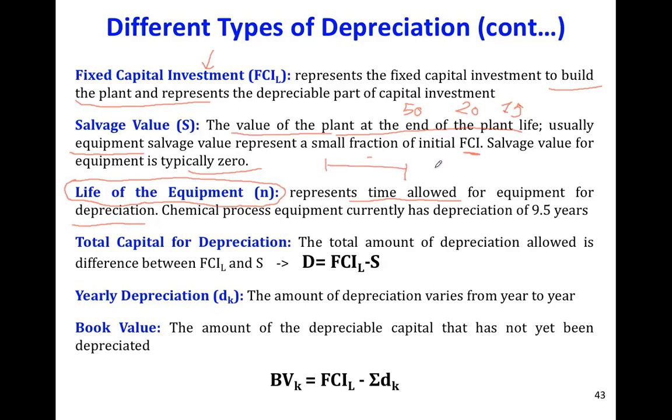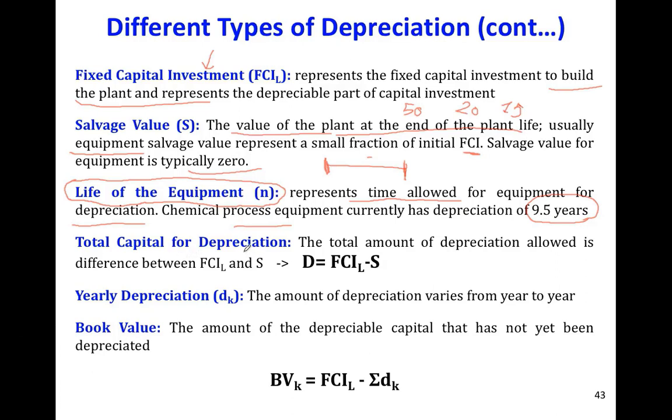At the end of that time, the value of the equipment won't be a lot. We can even ignore it, and after that it doesn't really depreciate because it has already lost all its value. For most chemical process equipment, like heat exchangers and towers, this life is 9.5 years.